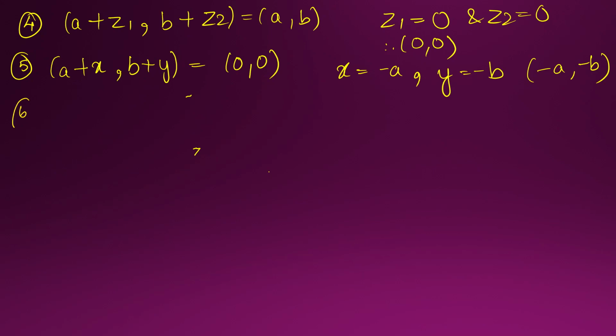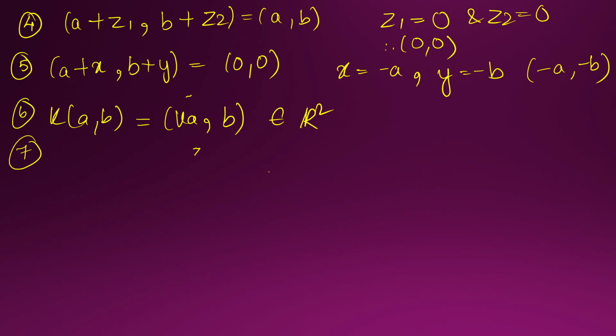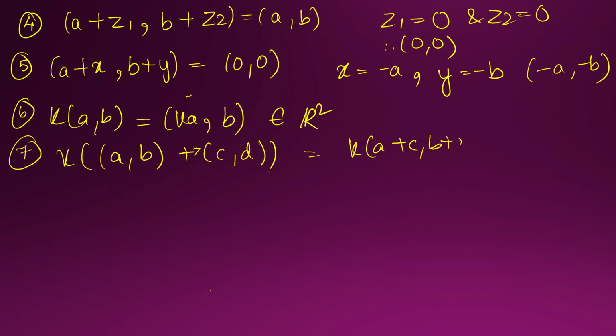So therefore property satisfied. Sixth property, closure under scalar multiplication. K into A comma B will be equal to KA comma B. This belongs to R square. Seventh property, distributivity over vector addition. So K into A comma B plus C comma D is equal to K of A plus C comma B plus D, solving the inner bracket.